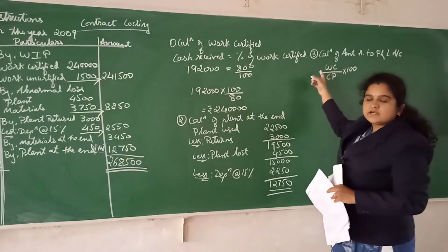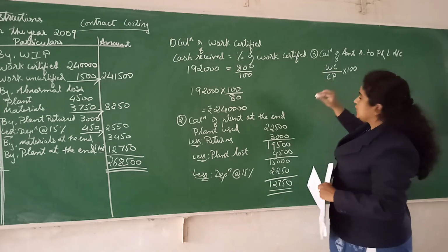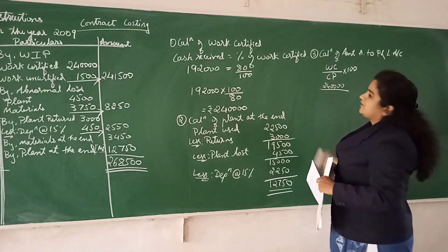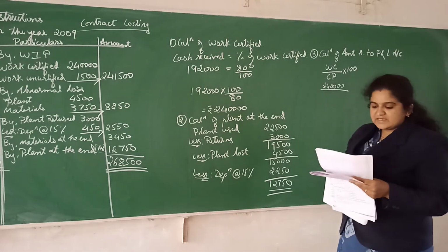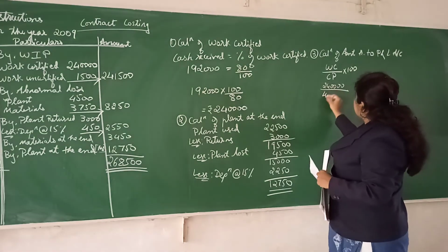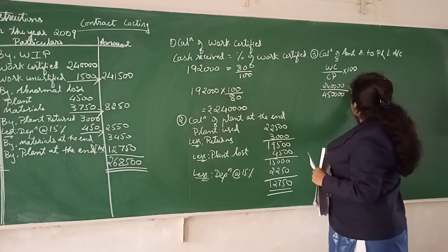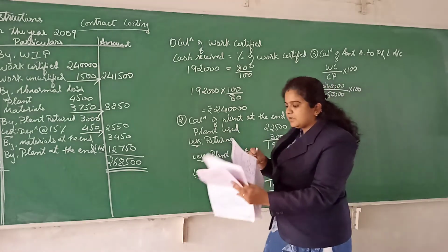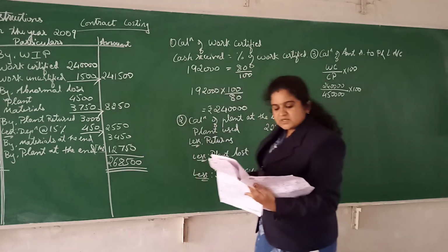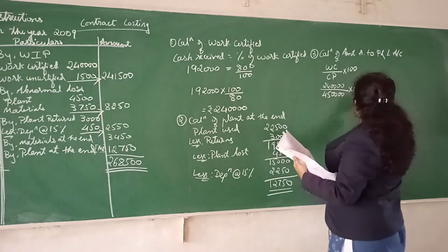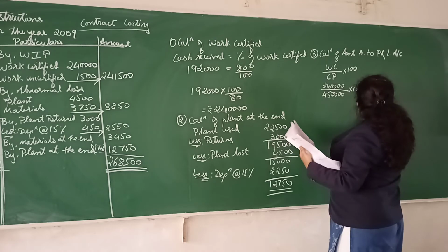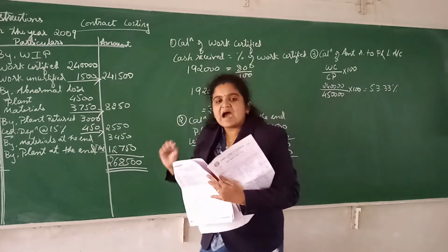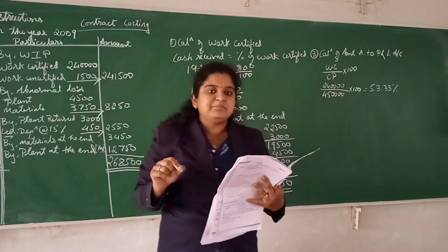Now work certified is already calculated, that is 2,40,000 divided by contract price is given in the problem, that is 4,50,000 into 100. Okay, find out the percentage. So percentage is 53.33%. It means more than half of the contract is completed.